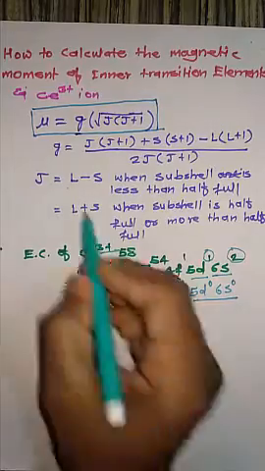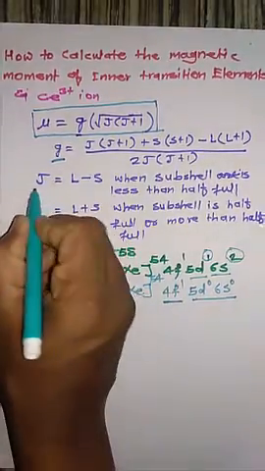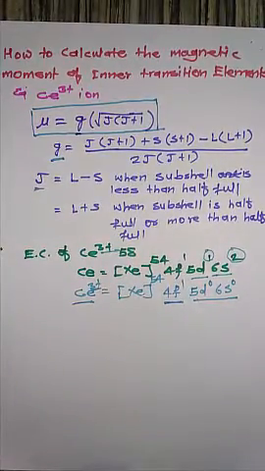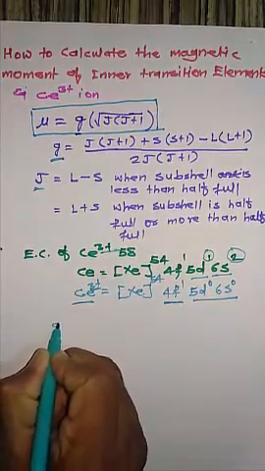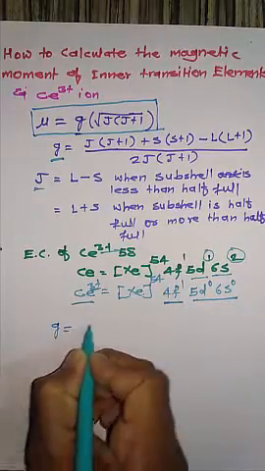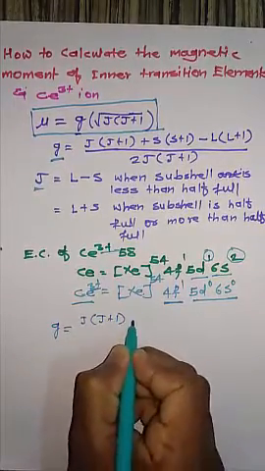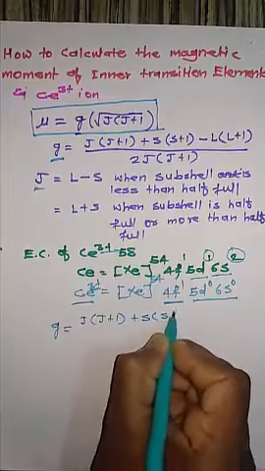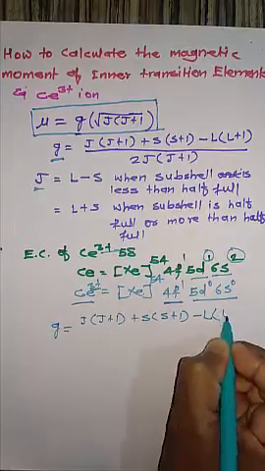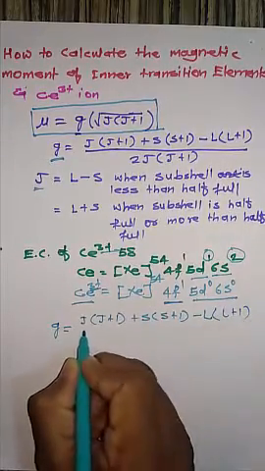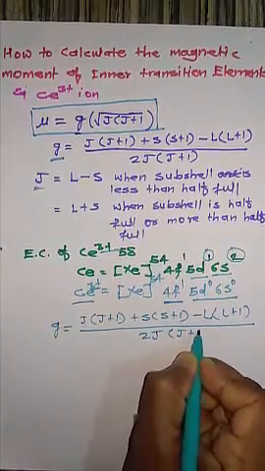First we must know the value of Z, and later we will find the value of J. Z is equal to J into J plus 1 plus S into S plus 1 minus L into L plus 1, divided by 2J into J plus 1.